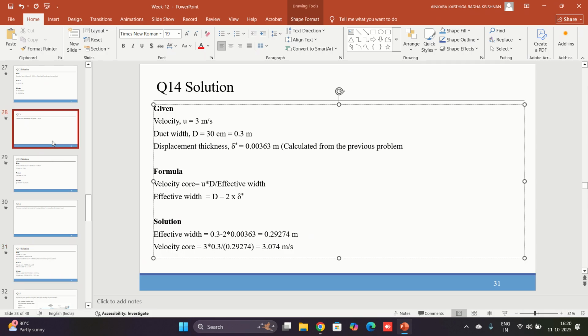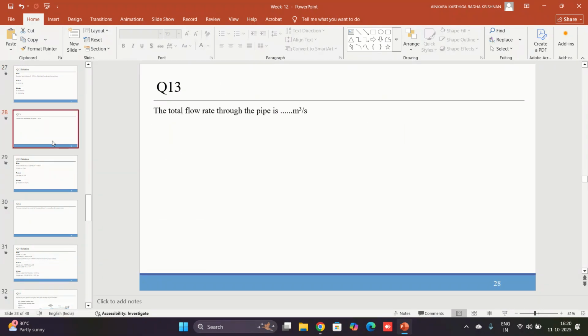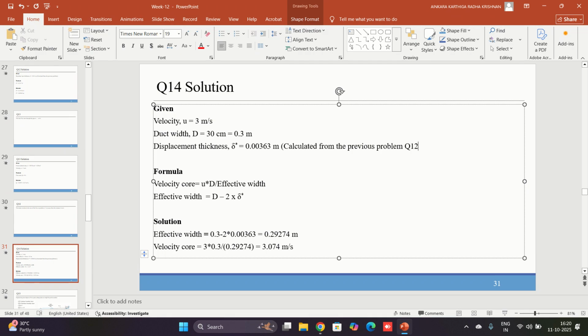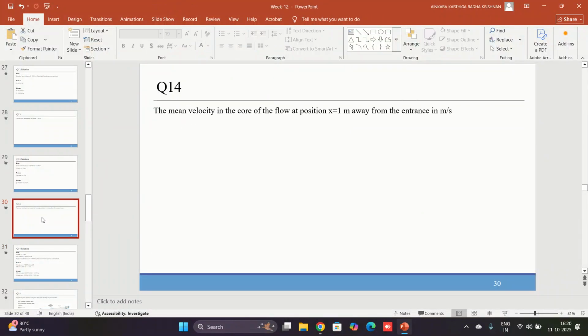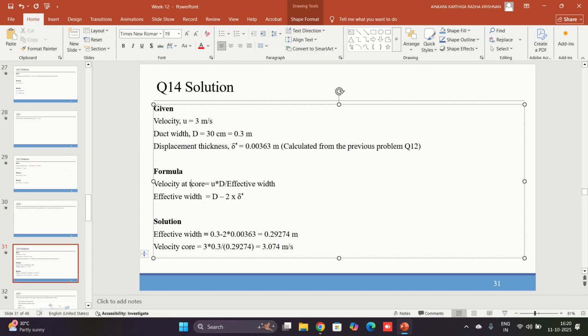It was question 13, right? Oh, 12. This problem, question 12. So velocity at the core is given as u times d, duct width, divided by effective width.